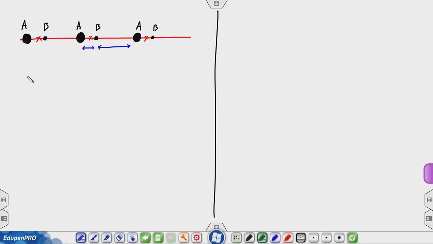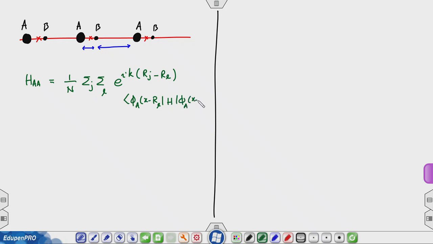Now, let us calculate H_AA. I am going to go a little quick over this because we had done this earlier. This is going to come out to be 1 over N summation j summation L e raised to i k (R_j minus R_L) phi_A(x minus R_L) H phi_A(x minus R_j).